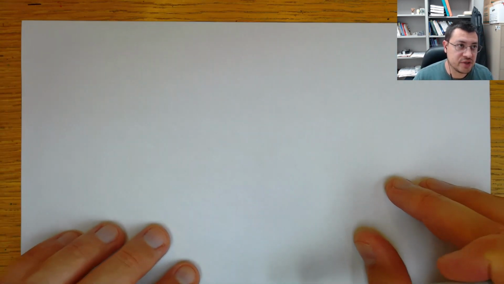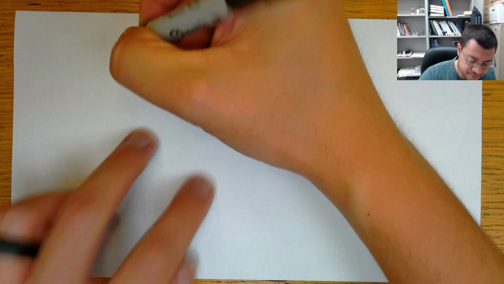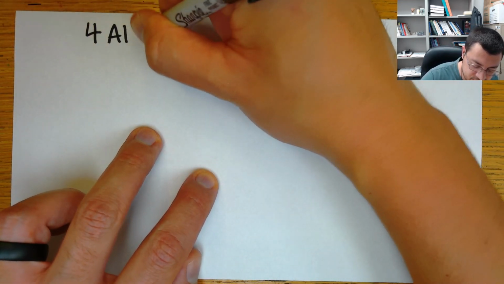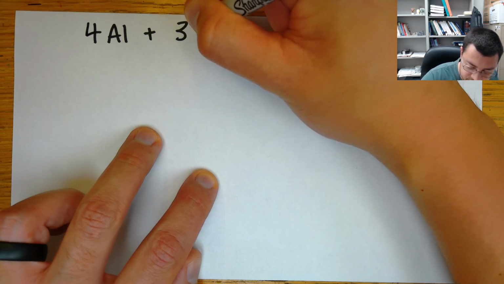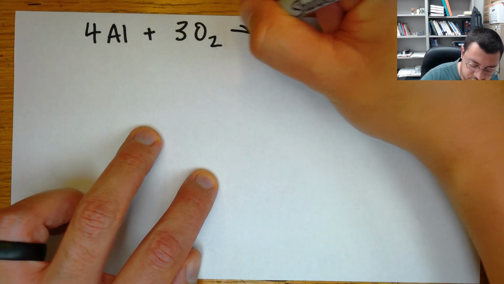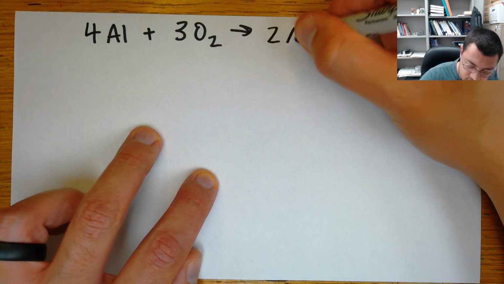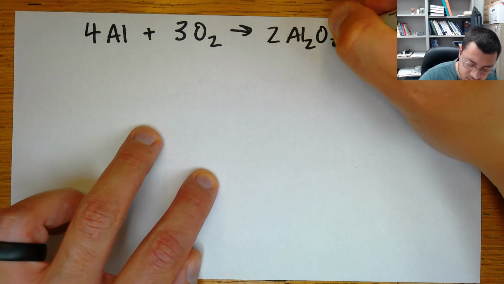Okay, how electrons moved around. So let's revisit this reaction. I'm just going to start on fresh new paper. And again, to review, we had 4 aluminums, we had 3 oxygen molecules, and then we formed 2 aluminum oxides.